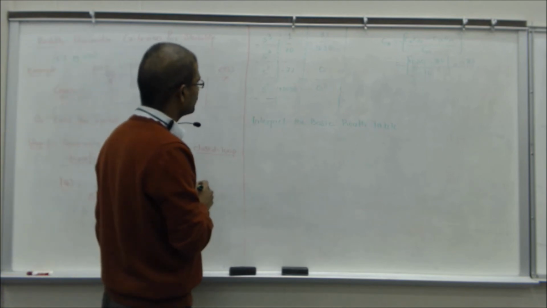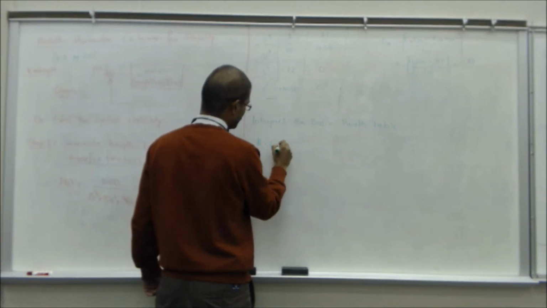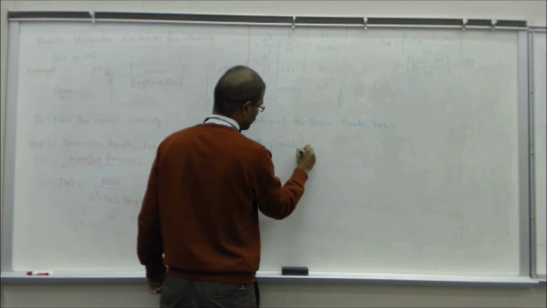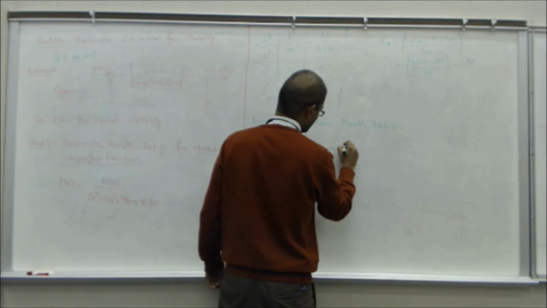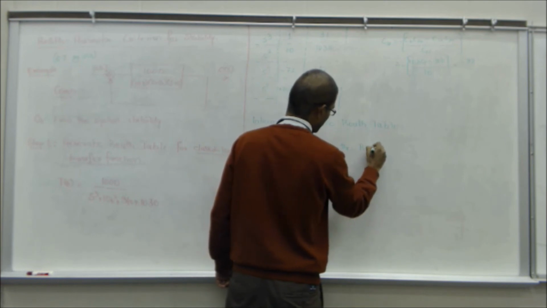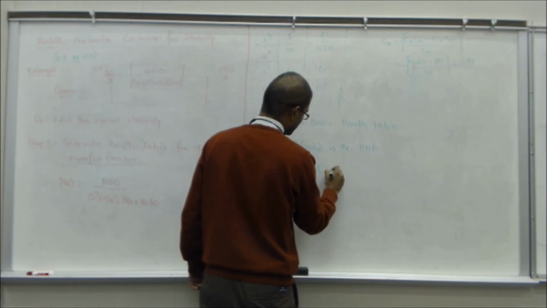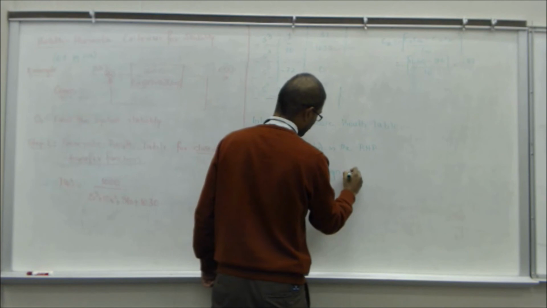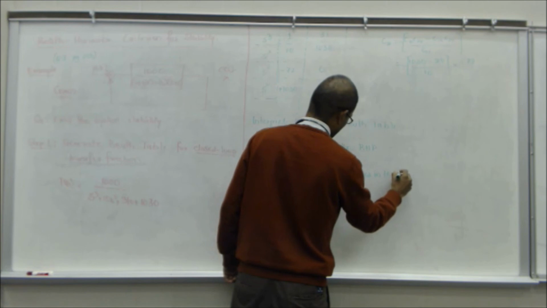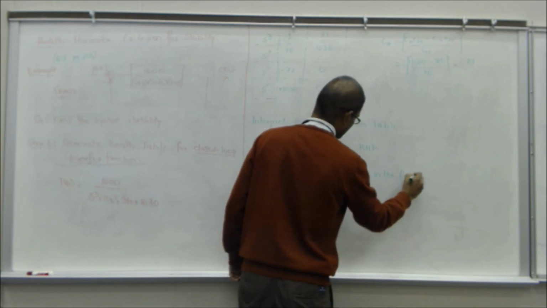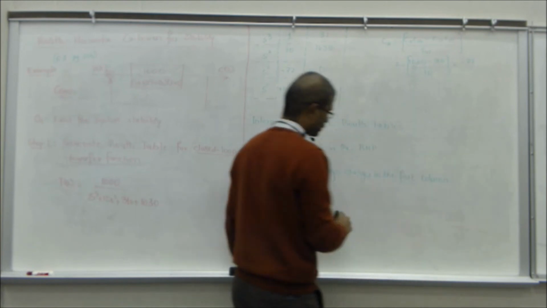So this is how you interpret it: the number of roots or poles in the right half plane is equal to the number of sign changes in the first column. It's that simple.